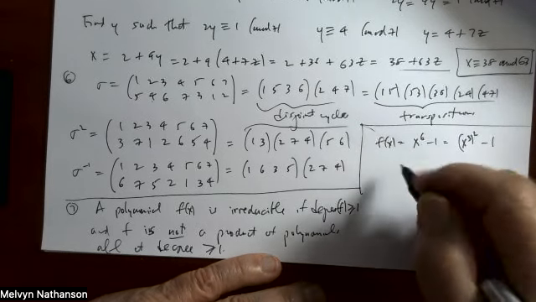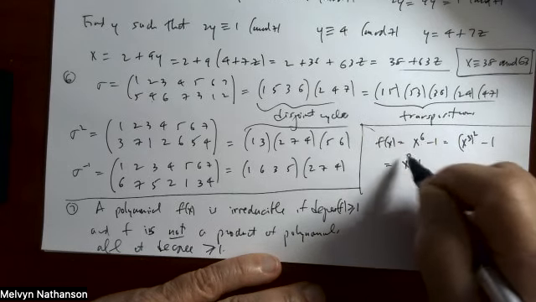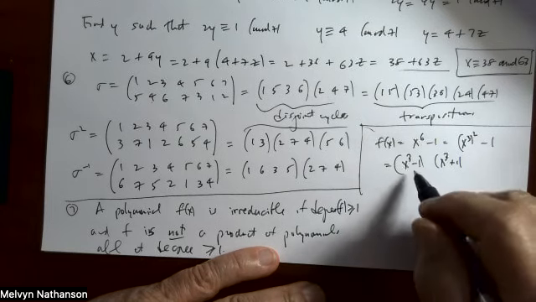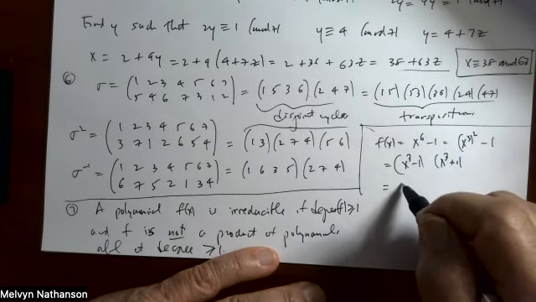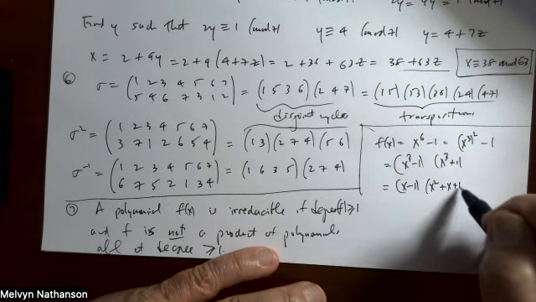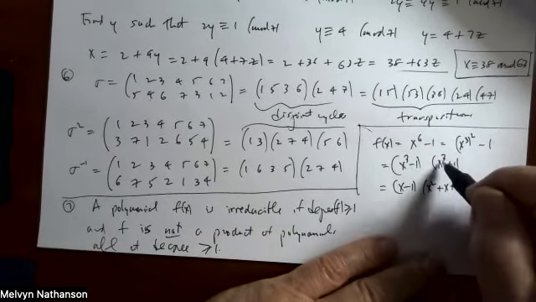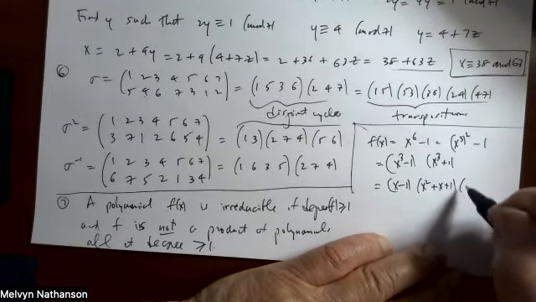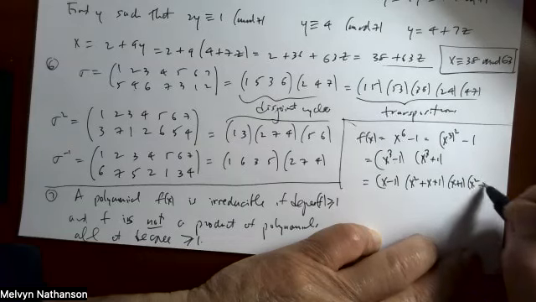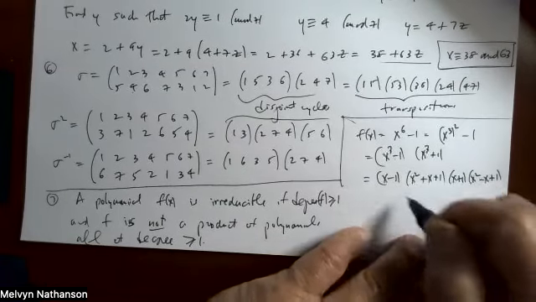And a square minus 1 factors into x cubed minus 1 times x cubed plus 1. But x cubed minus 1 factors into x minus 1 times x squared plus x plus 1. And x cubed plus 1 factors into x plus 1 times x squared minus x plus 1.